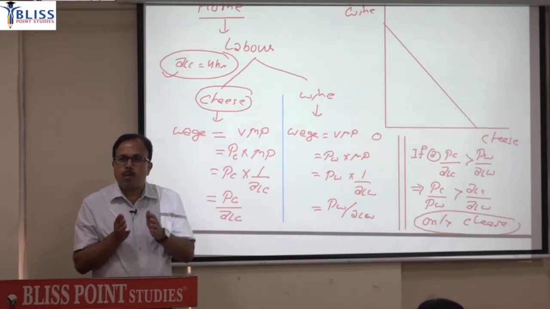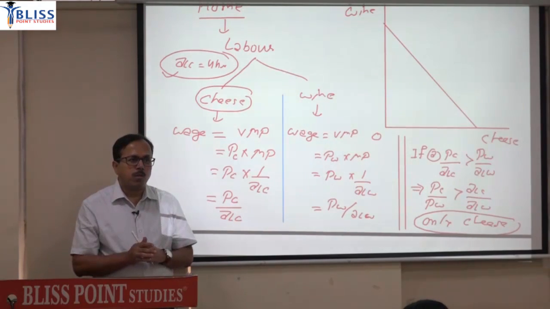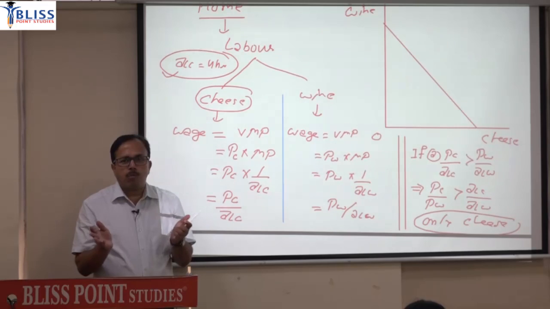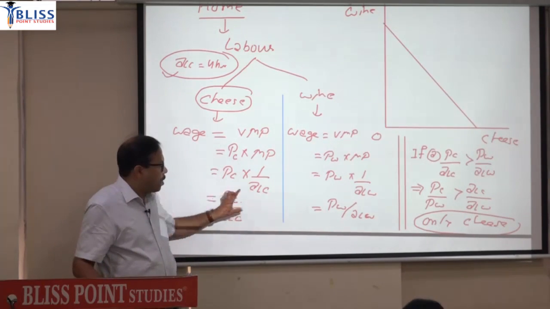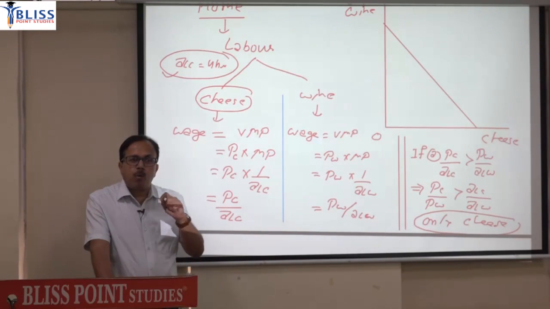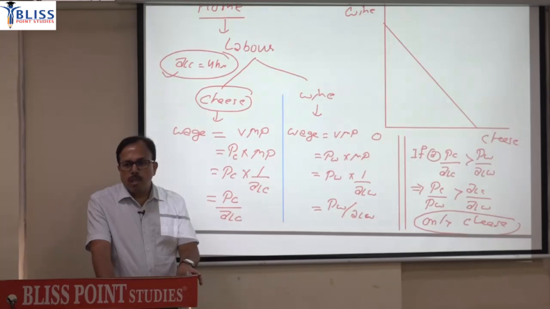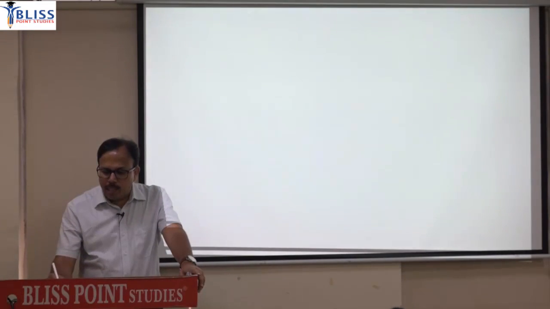Only when workers go to produce both goods. When will workers go to produce both goods? Only when the wages in both are the same. Same means this number must be equal to this value, which means PC by PW is equal to ALC by ALW.